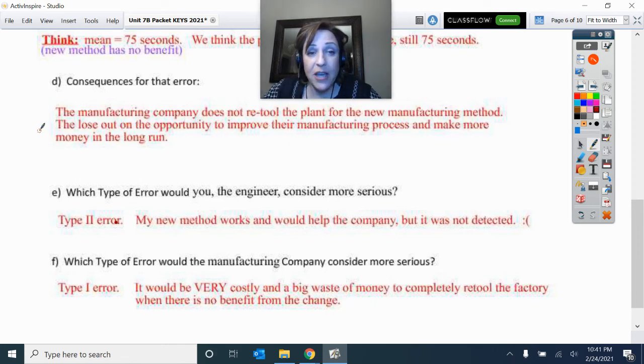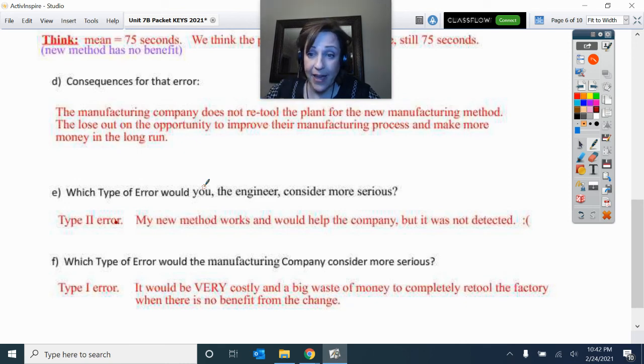So the manufacturing company, the consequence of that one, they don't retool, and so they miss out on that long run profit. Type 2 error would be, all right, which type of error would you, the engineer, consider more serious? Well, that type 2 error, you're not getting to show off that you came up with this wonderful thing that could improve the company.